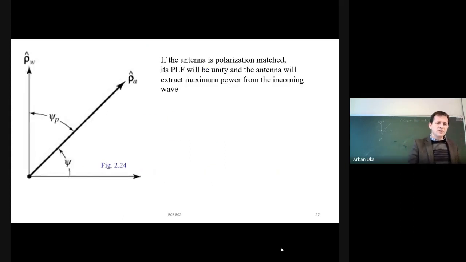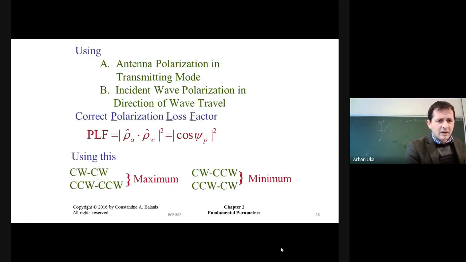Now here we just show once again the unit vector showing the polarization of the wave, and the unit vector showing the polarization of the antenna, rho A. The angle is psi p. Now, we can consider the antenna polarization in the transmitting mode, and we also have the polarization of the incident wave.